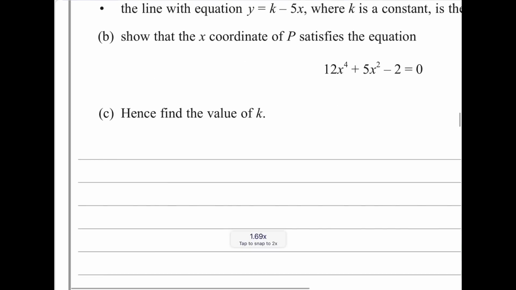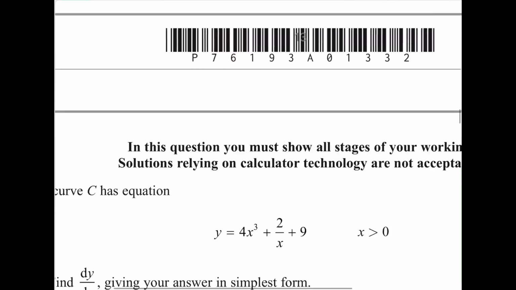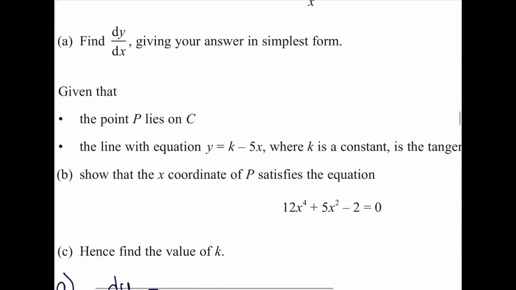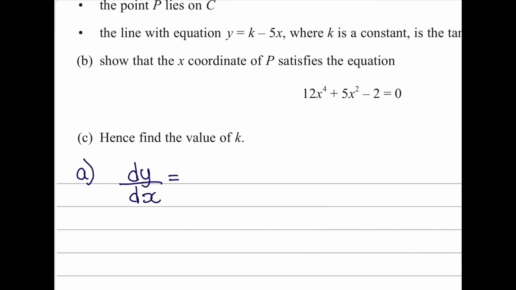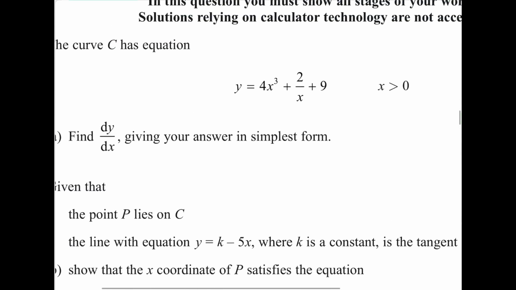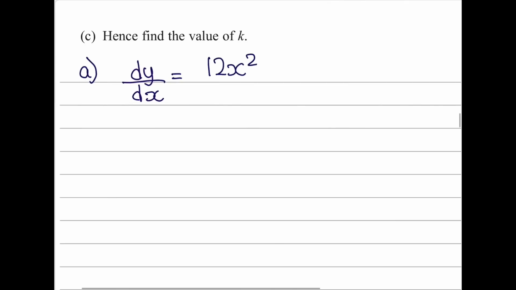So dy over dx could be given by, okay, now 3 into 4, I would multiply 3 into 4, that's going to be 12, and the x power will be reduced, so 12x squared. After that I have 2x raised to negative 1.